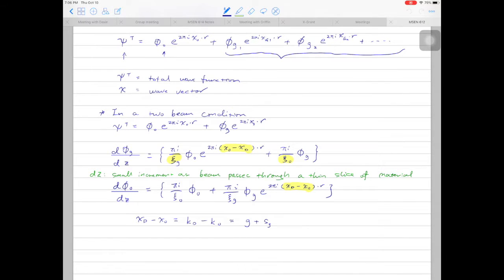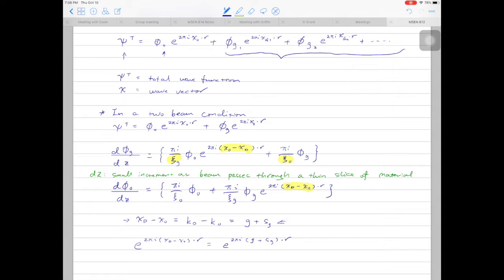Coming back to chi d minus chi naught, or chi naught minus chi d. In the exponential form, e to the power 2 pi i (chi d minus chi naught) dot r can be written as e to the power 2 pi i (g plus sg) dot r.